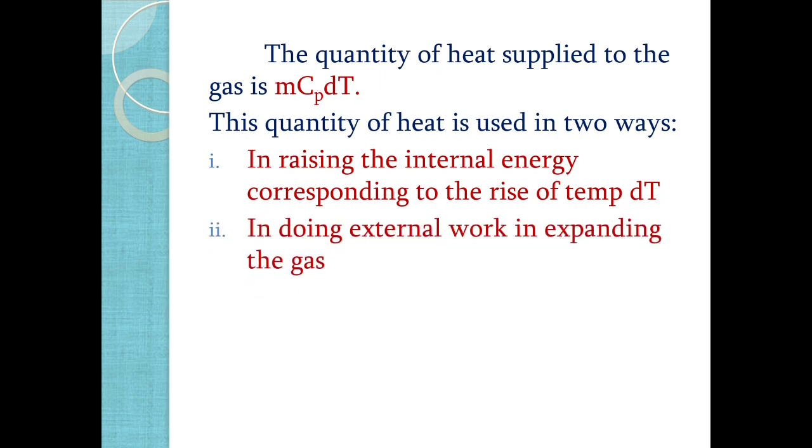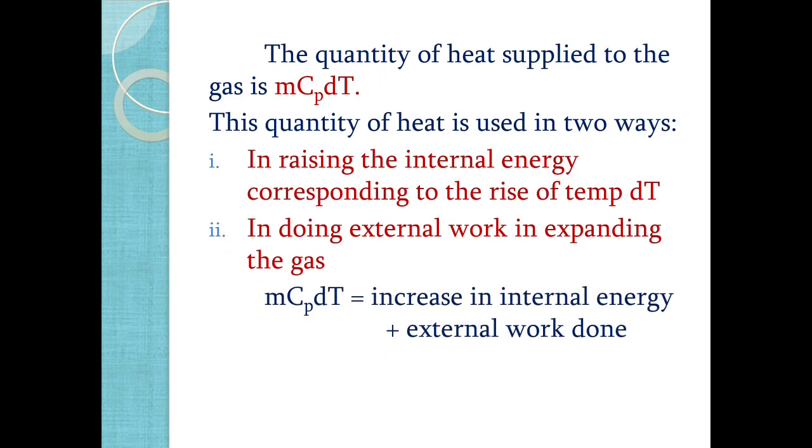One is for raising the internal energy of the gas corresponding to the temperature rise dT, and the other part is used for pushing the piston, that means for expanding the gas to keep the pressure constant. So the heat provided, m Cp dT, is used for the increase in the internal energy plus the external work done for pushing the piston. We have already noted the increase in internal energy is equal to m times Cv times dT.